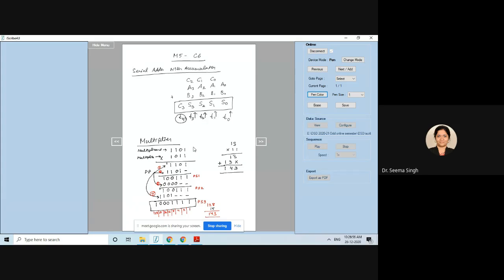I hope you have observed this. So the multiplicand is repetitively added at PP1, PP2 and PP4, whenever your multiplier bit is 1, and 0000 is added when your multiplier bit is 0. So your addition is nothing but repetitive addition of the multiplicand only.